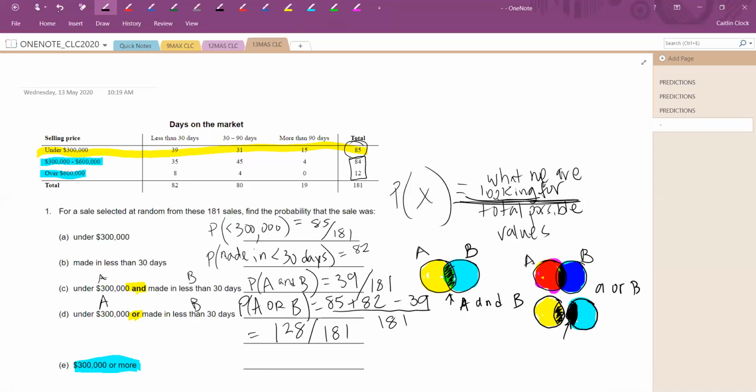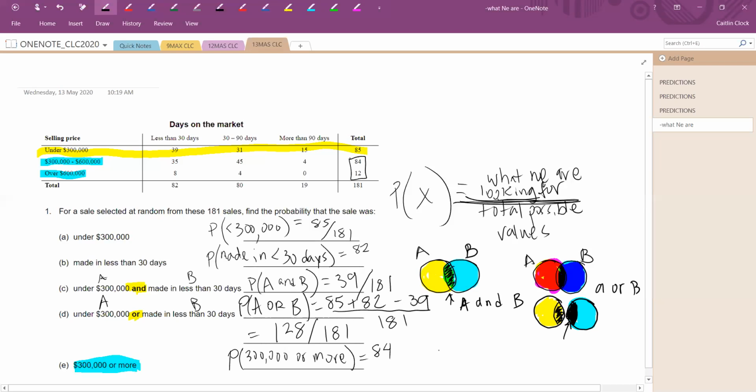So the probability that it's 300,000 or more is going to be the 84 plus that 12 over 181, which is 96 over 181, because only the 85 were less than 300,000.